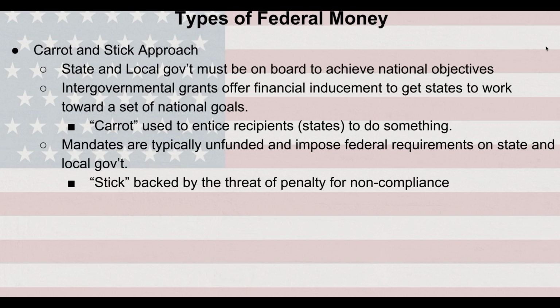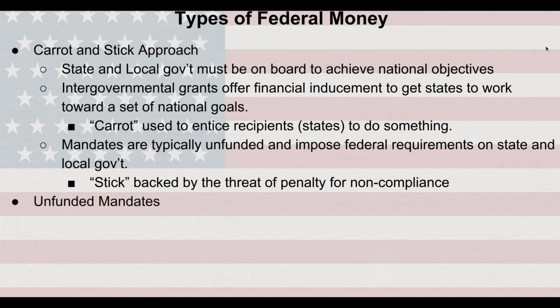And so even though it was a mandate from the federal government, and it didn't really provide any kind of funds to deal with any of the costs that might be associated with that, the federal government said, fine, if you don't, then we're going to withhold your highway funds, which didn't really have anything to do with the drinking age, but it provided the stick approach to get states to fall in line with national objectives.